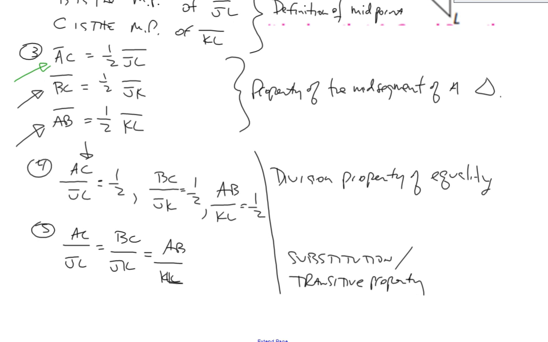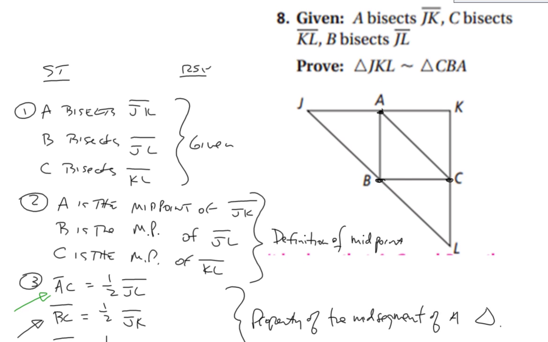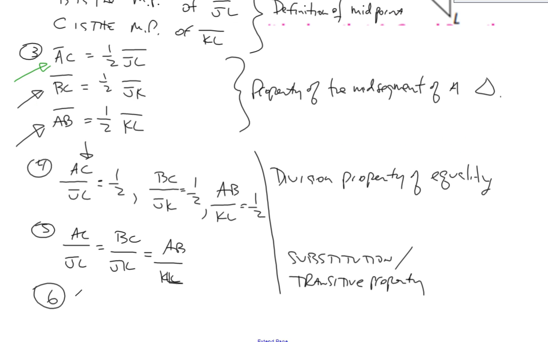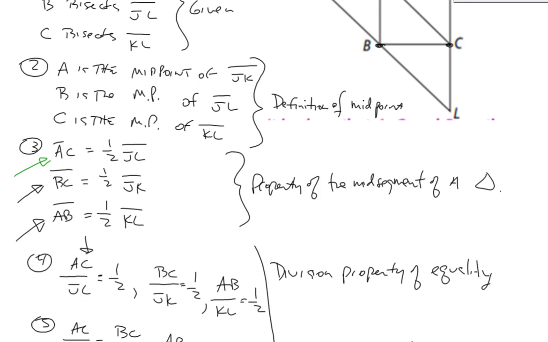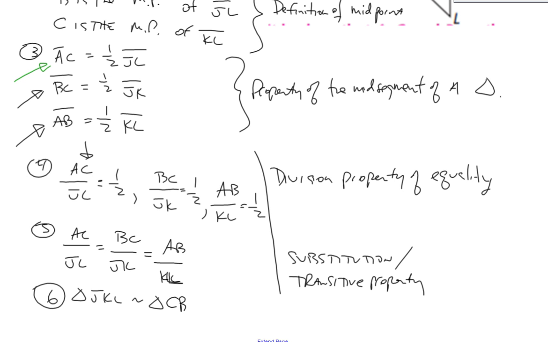Three sides of one triangle are proportional to three corresponding sides of the other. Therefore, I've got the thing I was asked to prove, namely triangle JKL is similar to triangle CBA. You guessed it, by the side similarity theorem. And there you have it.